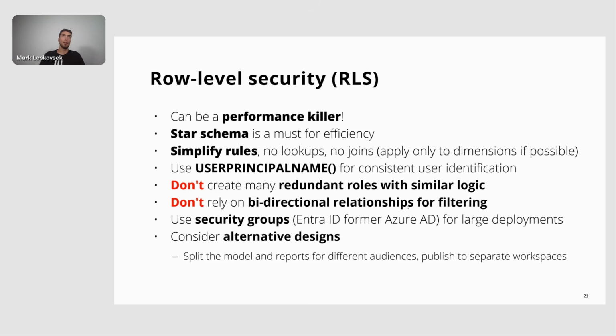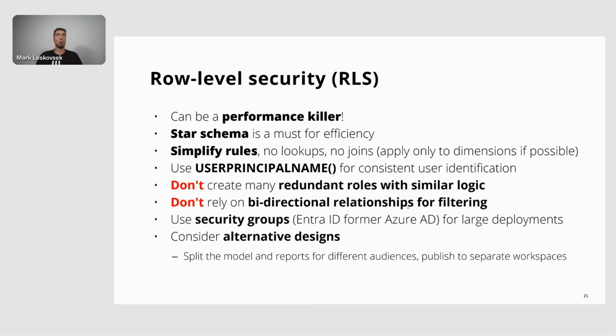If you want to have a fast and efficient row-level security application, you should use the star schema data model. You should simplify rules, so no lookups, no joins, apply only to dimensions if possible. Use the user principal name instead of hard-coded names for consistent user identification.